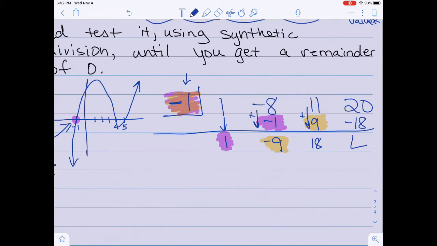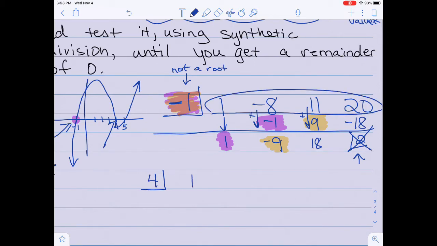Whoops, this isn't going to work for us. Even though it looked like it was probably -1 on my graph, it's not a 0, so this is not a root. So let's try the next one. Let's try 4, because it looked like it probably was 4. So we're going to put 4 in the box and use these same coefficients.